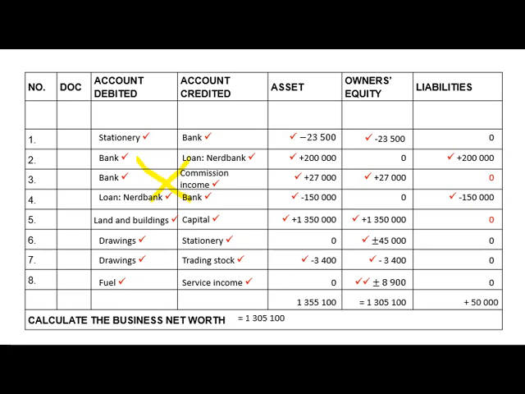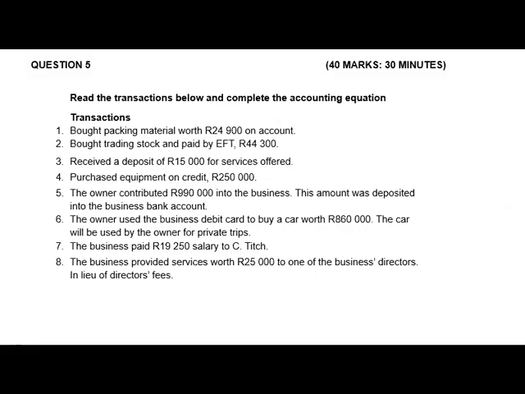Okay, this is for classwork 3, question 3. The last paper will be question 5. And this is what we have as question 5. The first one says, bought packing material worth 24,900 on account, which is on credit. So packing material as an expense, we debit it and we credit creditors control because we didn't use money.